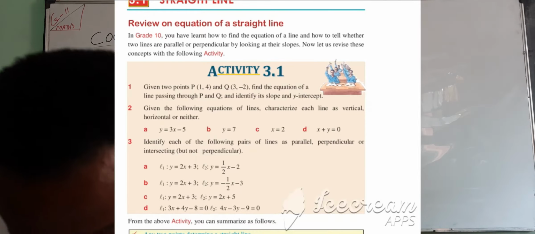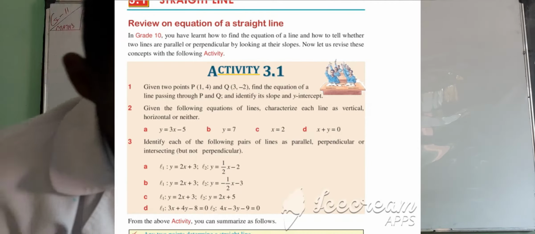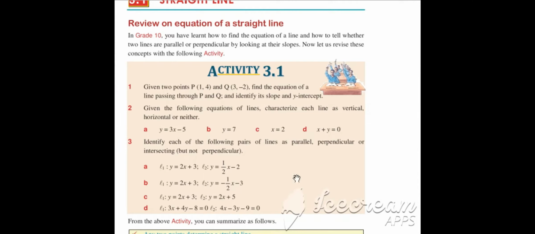Let us see Activity 3.1, question number 1.